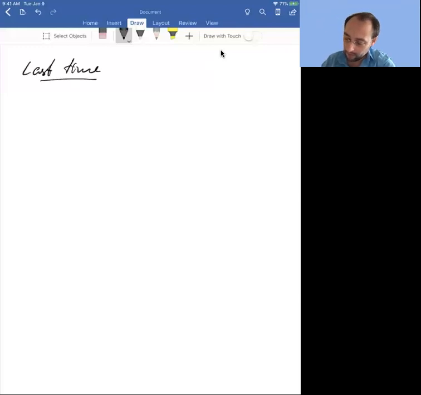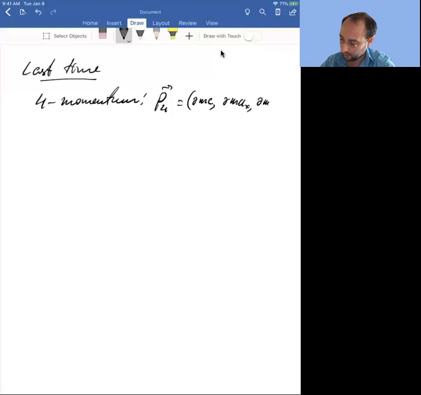So the four-momentum, I used this kind of notation. It has four components: the temporal component, and then gamma m ux, gamma m uy, and gamma m uz.